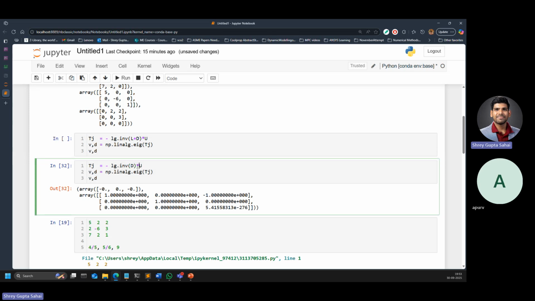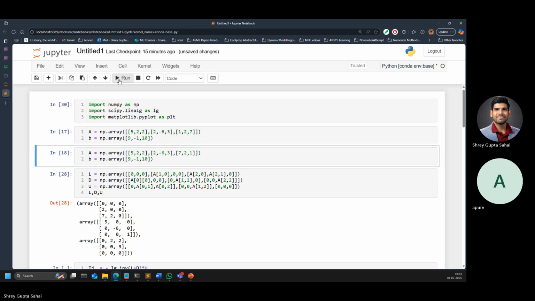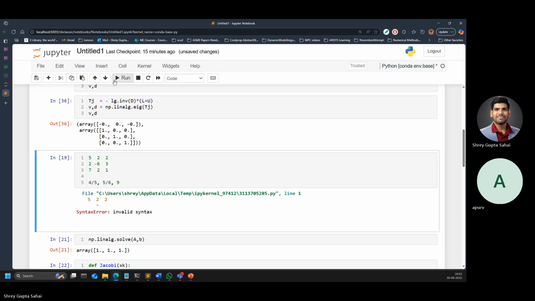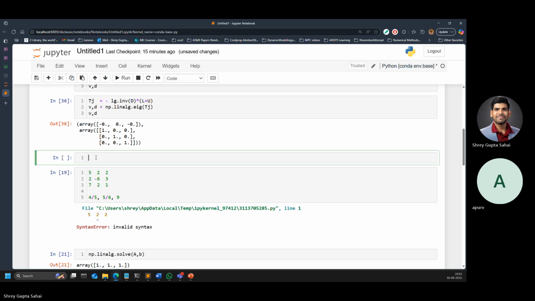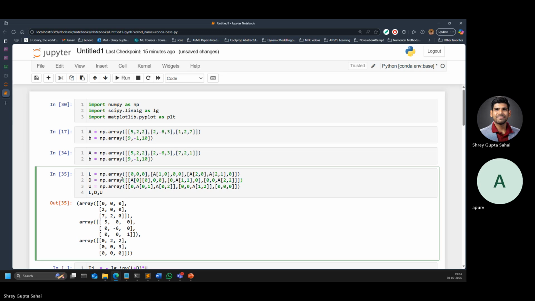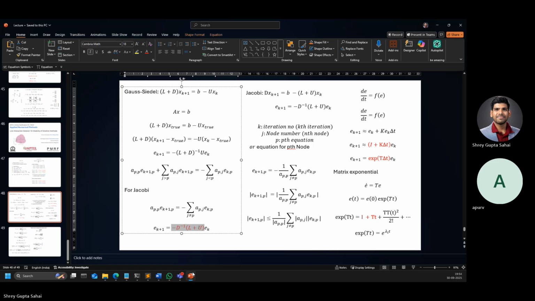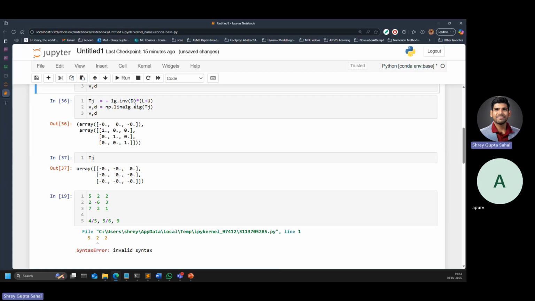D inverse L plus U. It's really wrong. Minus D inverse L plus U. Minus D inverse.